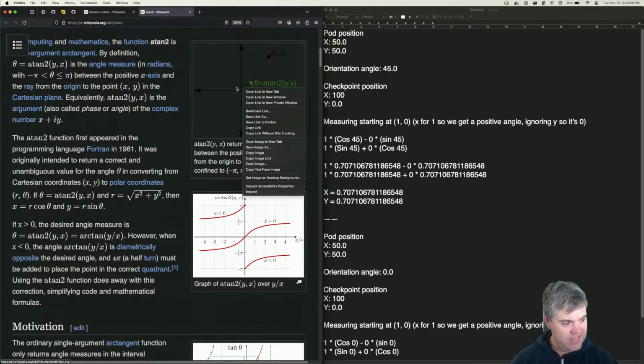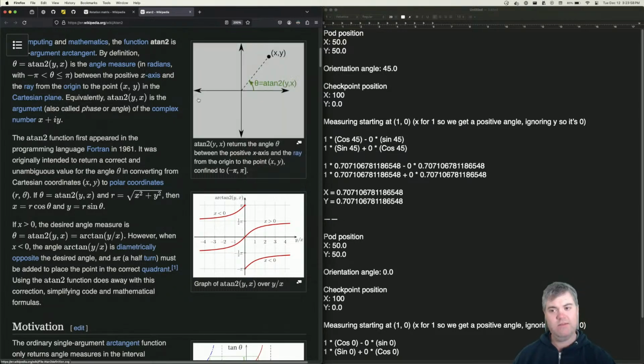You give it y and x and it gives the angle back. I give it the 1, 0, and it gives me the angle back. Okay, I got it.